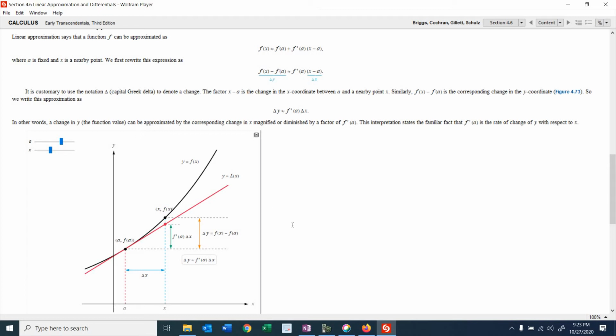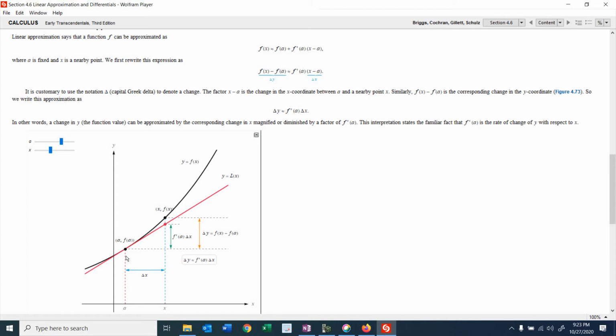Okay, so just to give you an intuitive sense of what's going on here, f prime of a is the slope of this tangent line. Then delta x is how much we're running. That's our run. So when you multiply the slope of a line by the run, you get the corresponding rise that occurs on the line.